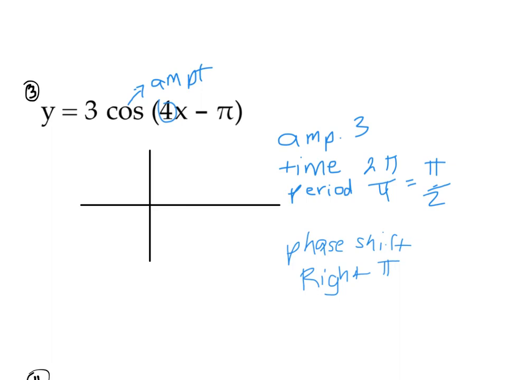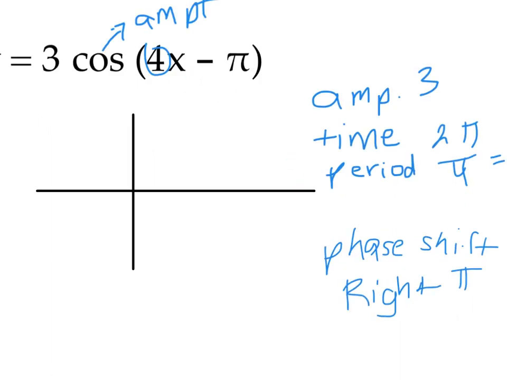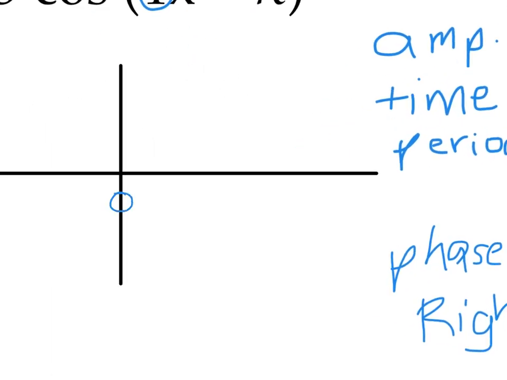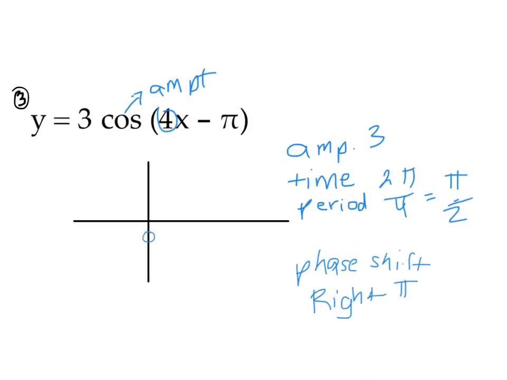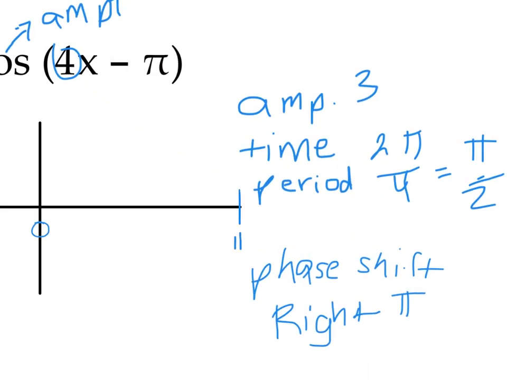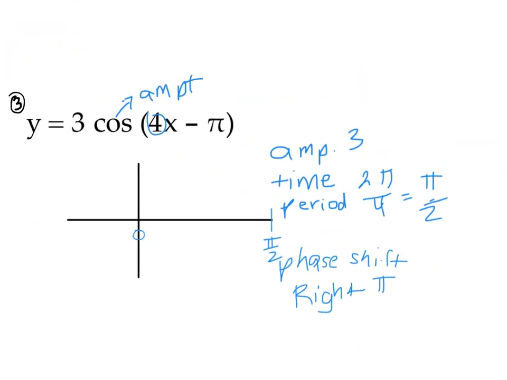Okay, we're good. Okay, so now there's a couple different ways you guys can do this. I need to see your correct graph. So if I were you, I would maybe go, okay, this is 0. What was our whole time period? Pi over 2, right? So I got to find my tick marks in between. So if I take pi over 2 and I divide it by 4 pieces, right? Agreed? So it's pi over 2 times 1/4.